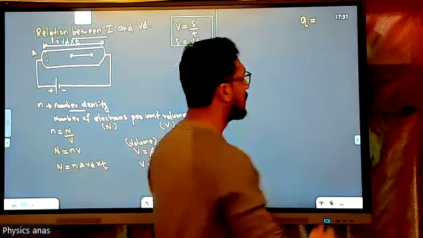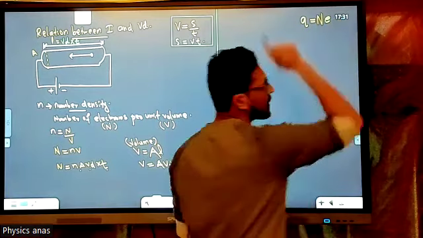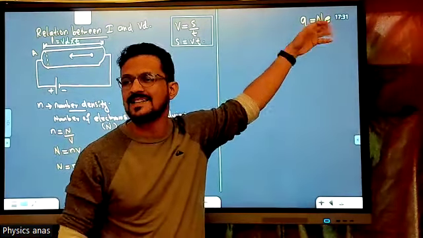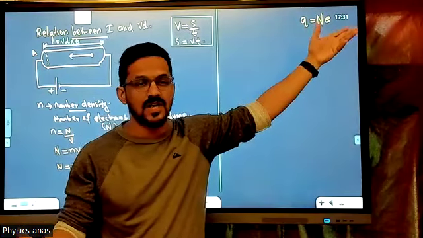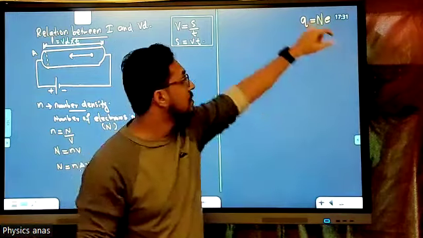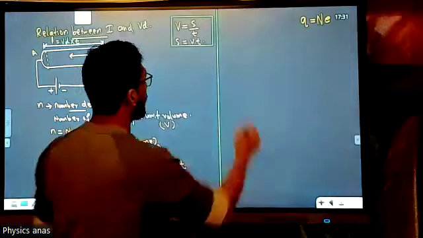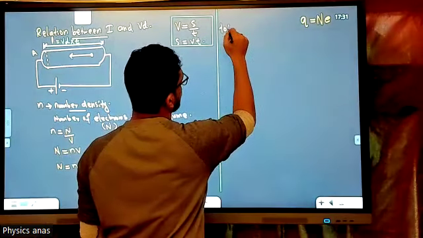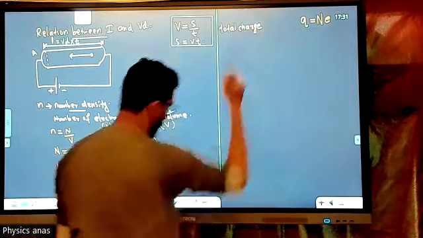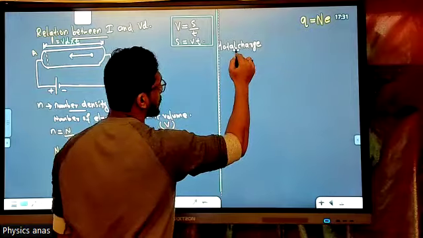Number of electrons is N and charge on an electron is e. Then what is the total charge? That's Ne. Quantization of charge, we have seen that. In that way, you can write Q is equal to Ne. What will be the equation for total charge?